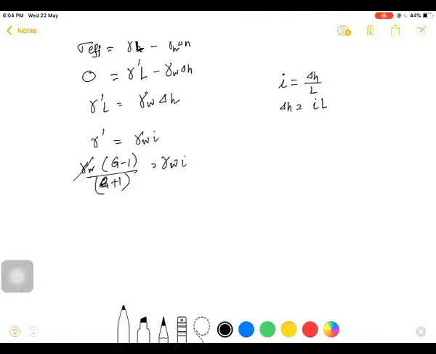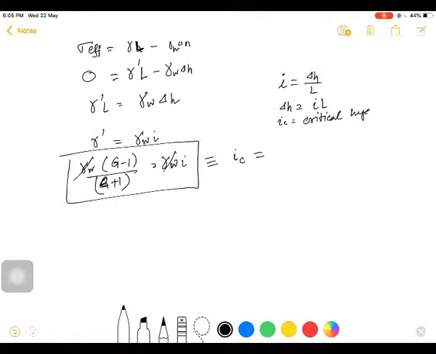So in quicksand condition the hydraulic gradient is known as the critical hydraulic gradient, that is i_c, equal to the critical hydraulic gradient.